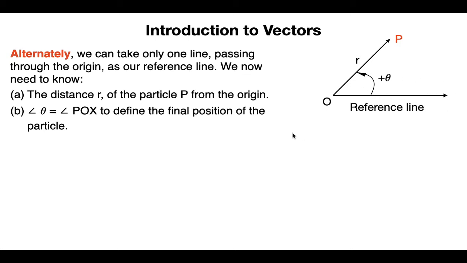We should know angle theta or angle POX to define the position of the particle. So (r, theta) defines the final position P of the particle. So we can identify the position by (x, y) ordered pair or by (r, theta) ordered pair in a plane.